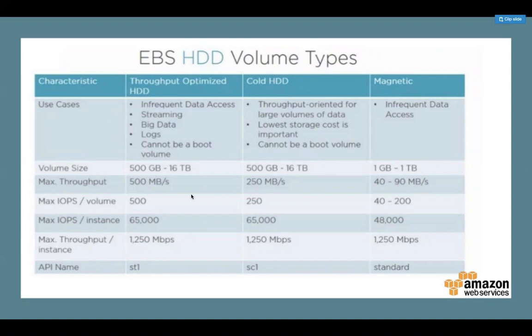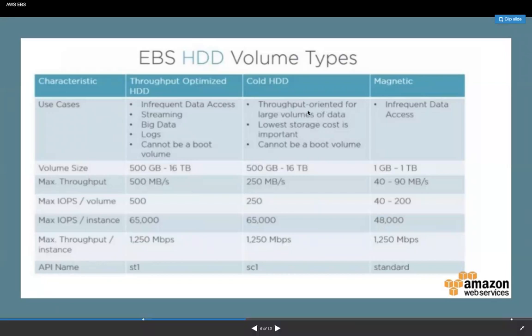Okay, it cannot be a boot volume, and the use case here is throughput oriented, whereas in case of the HDD, that is throughput optimized, we have the infrequent data access. So we can see the difference here.